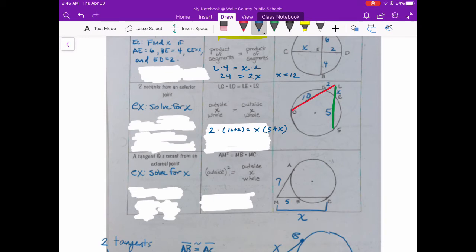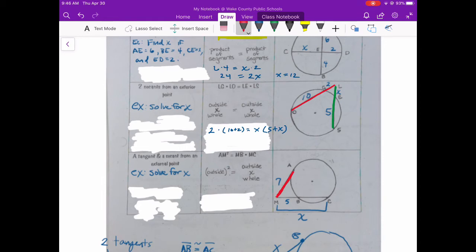So the next scenario is a tangent intersecting a secant outside, but again, the big thing is that it intersects outside. So outside times total equals outside times total. That's what you're thinking. Well, interesting enough, in this first segment down here, and again, I'm on this example here, the entire segment is outside.